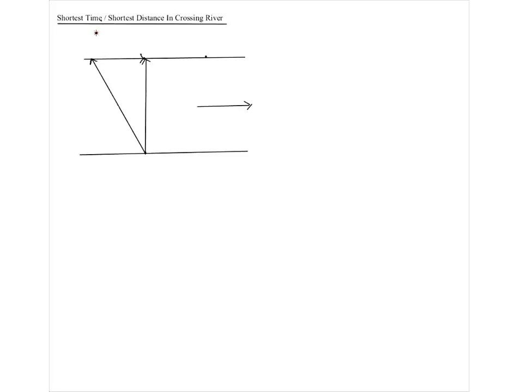Now I will take some application which will clear this. I think in some questions we have possibly already done these cases.